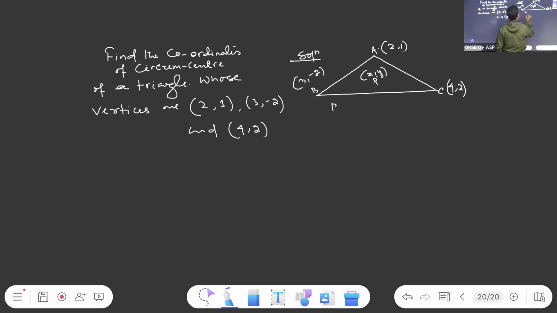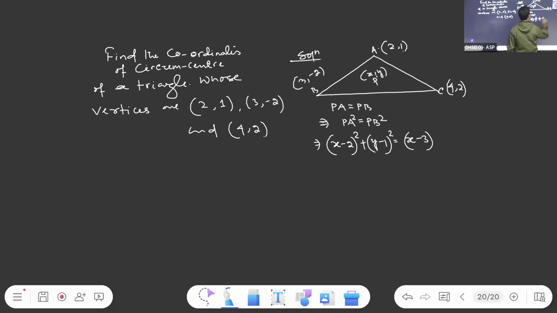That means length PA is equal to PB. To find PA and PB, we need the distance formula. You know there is a square root symbol in the distance formula, so it is better to take the square of both sides. So PA square is equal to PB square. This implies (x - 2) whole square plus (y - 1) whole square is equal to (x - 3) whole square plus (y + 2) whole square.